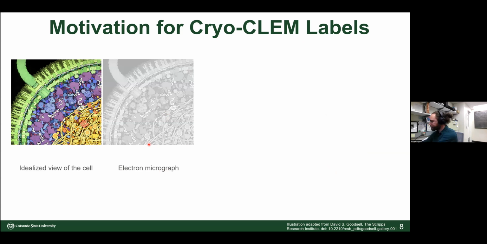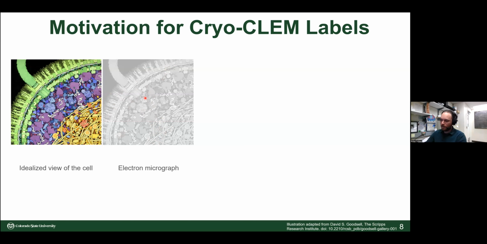When we actually look at it in an electron micrograph, yes, we retain this structural information, but we lose the identity of all of the things we're trying to see. We can make out some of these structures based on their morphology: long stringy things versus blobby things versus things on the edge of the membrane.